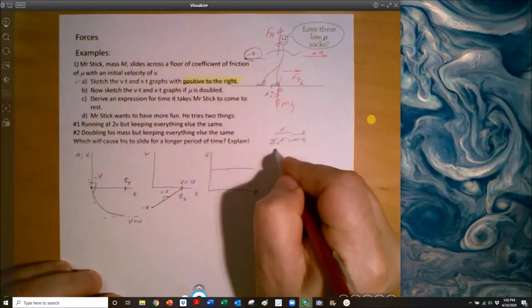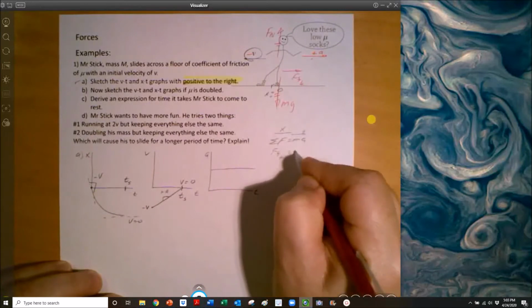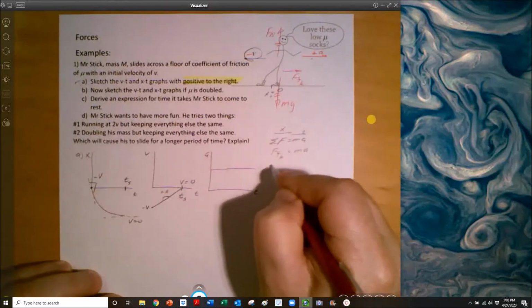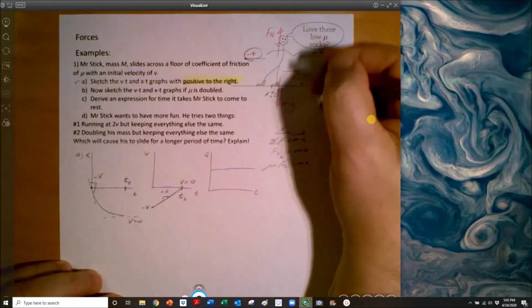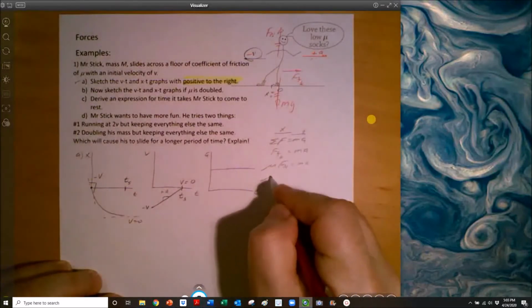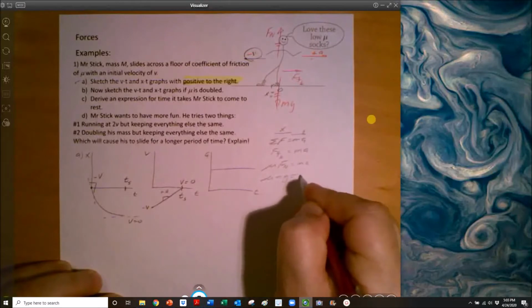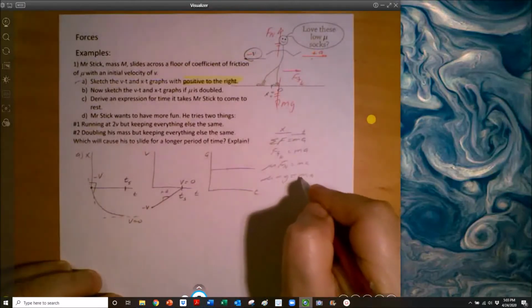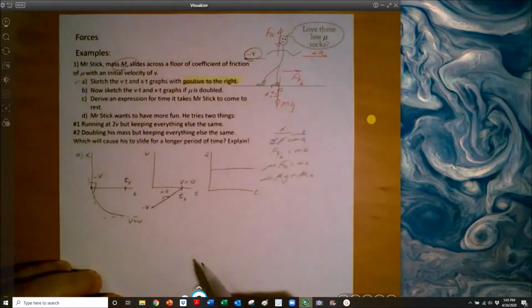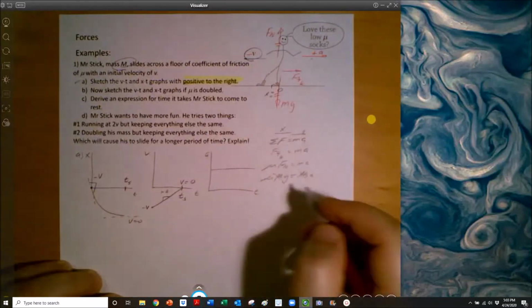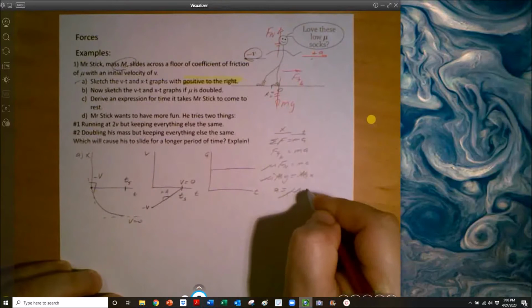We have a friction force kinetic to the right, so mu times the normal force equals ma, and our normal force in this case equals mg. So that's mu mg equals Ma. Actually, these should be capital M's because that's what was given up here. And the M cancels.